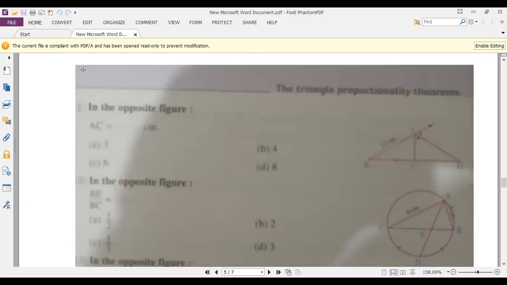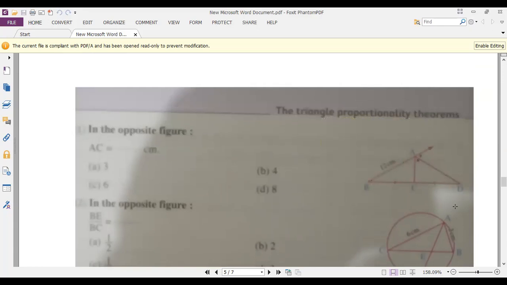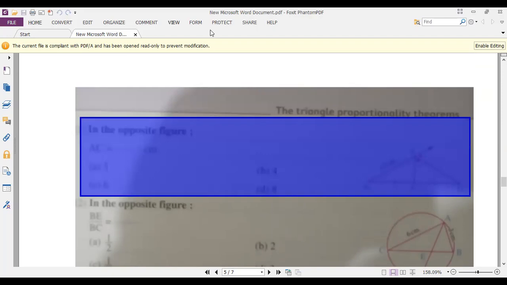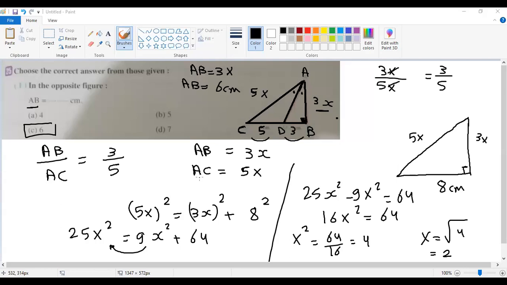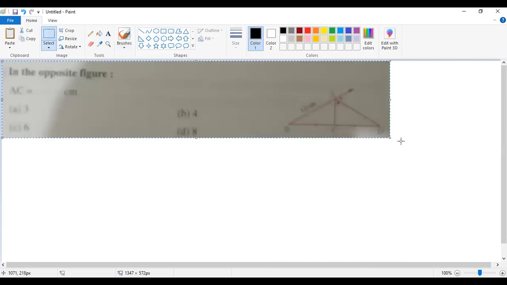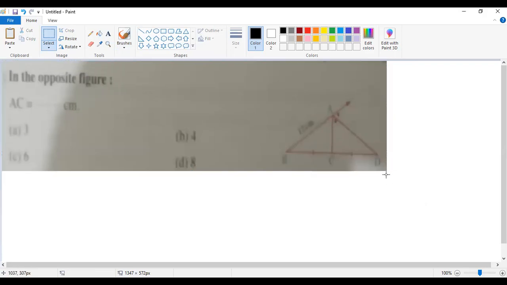Let's take this one. I have a triangle, as you see, and I have an angle bisector.